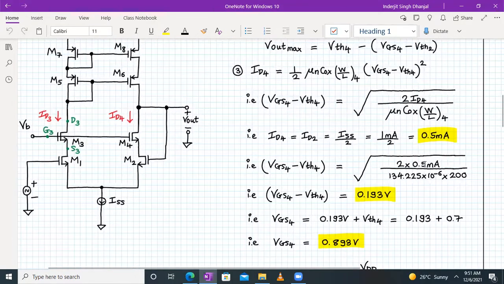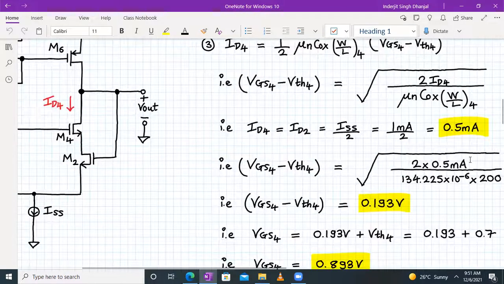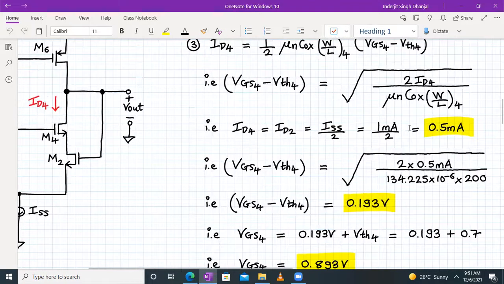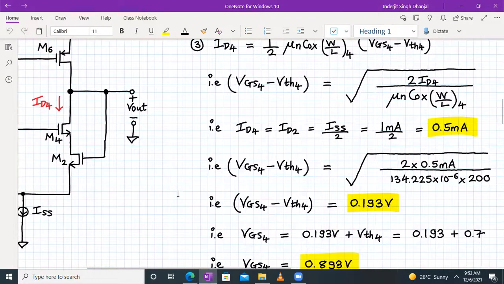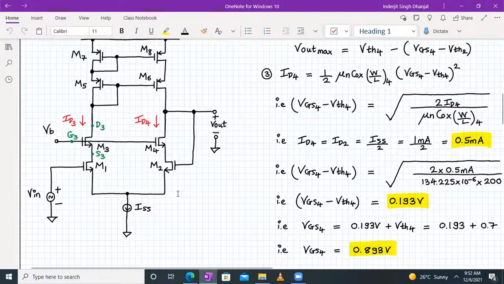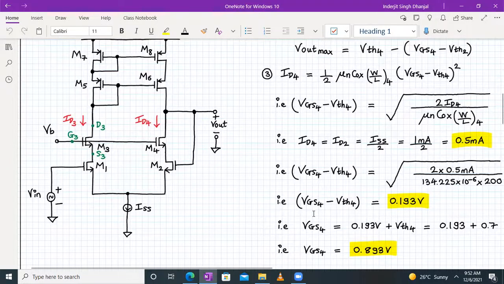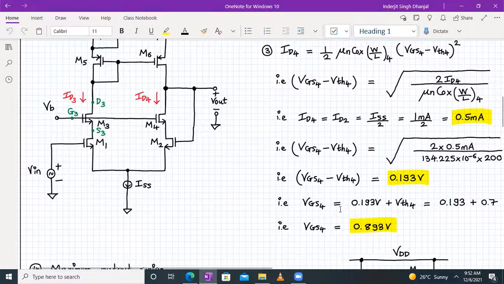So we substitute the values over here: twice into 0.5 milliampere divided by mu n Cox, which is 134.225 micro, into W by L of 4, which is 200. So the value of VGS4 minus VTH4 comes out to be 0.193 volt. Now VGS4 can be written as 0.193 volt plus VTH4.